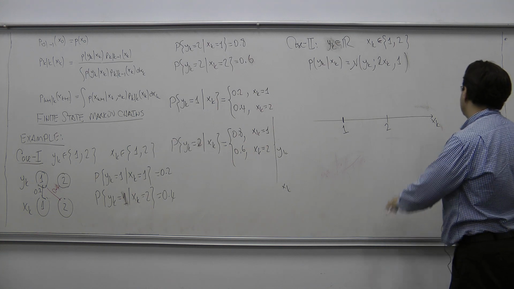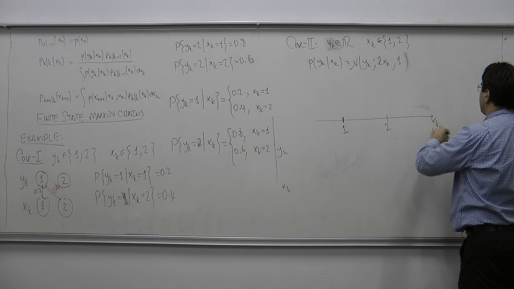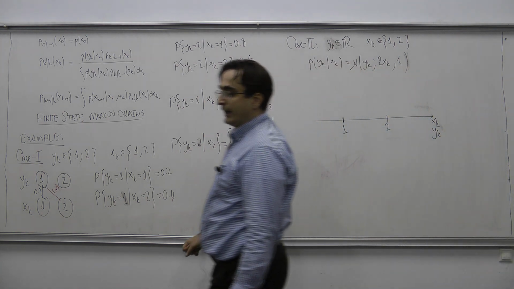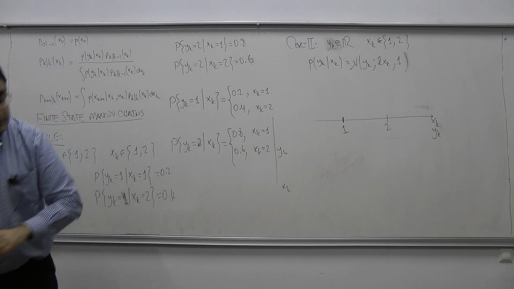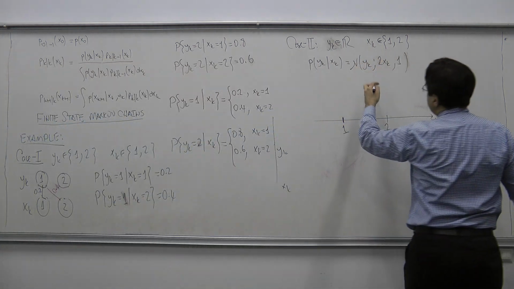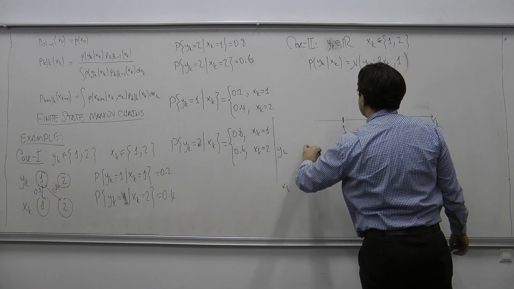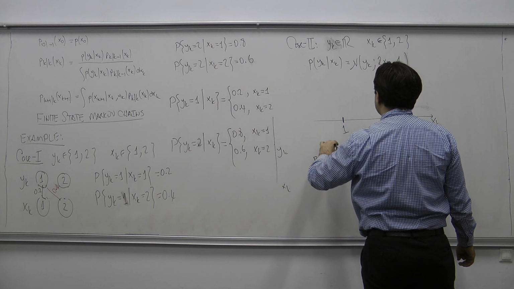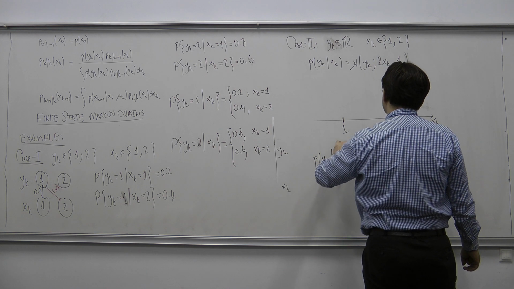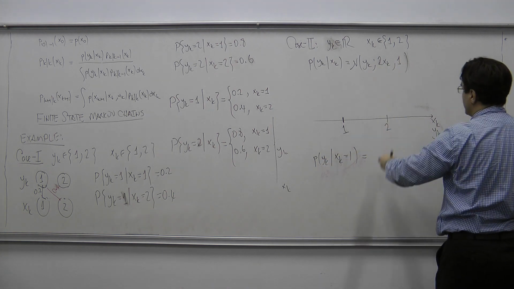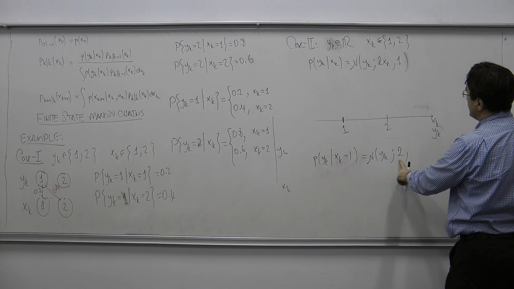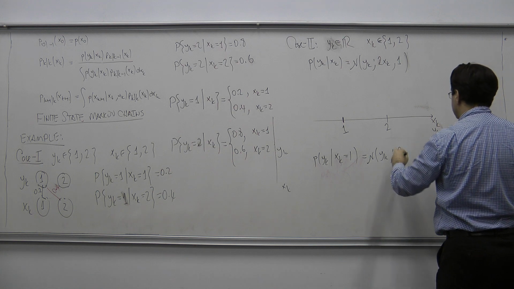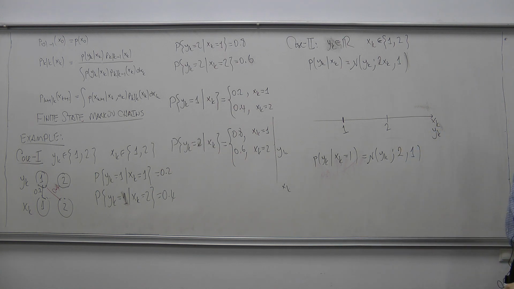Okay? And here, I will also show the distribution of yk. All right? If state is equal to 1, then p(yk given xk equals 1), I have the following distribution. Normal, yk, mean is 2, because 2 times 1, and the variance is 1. Okay?